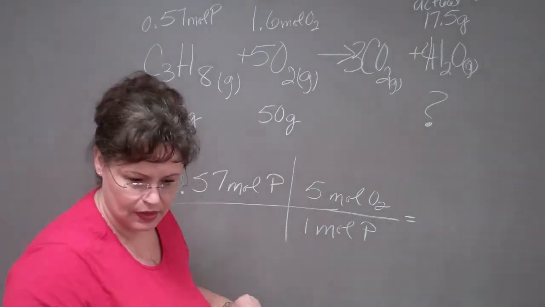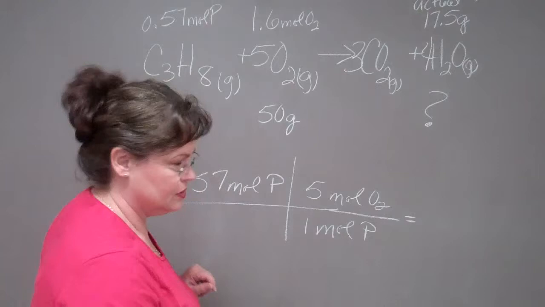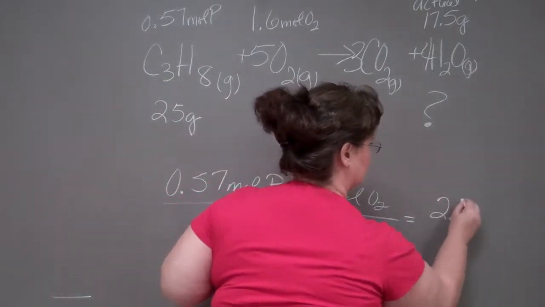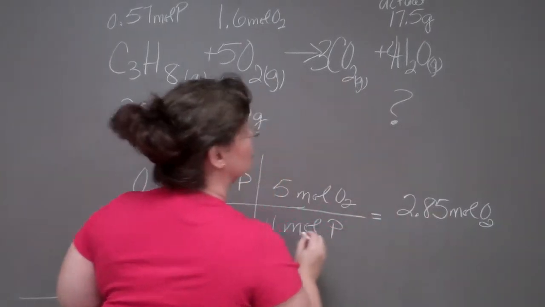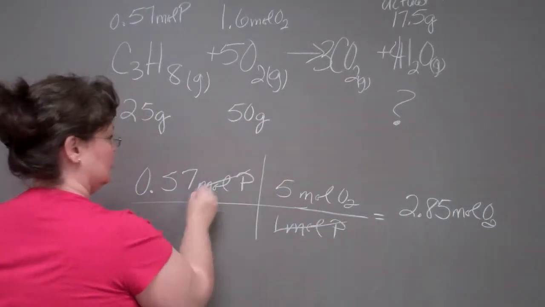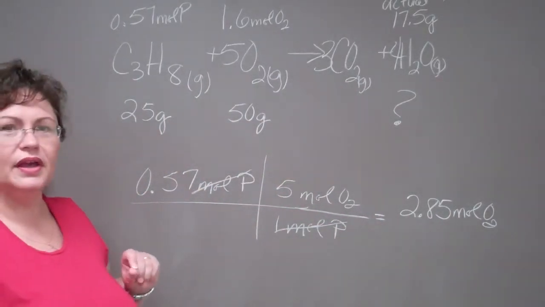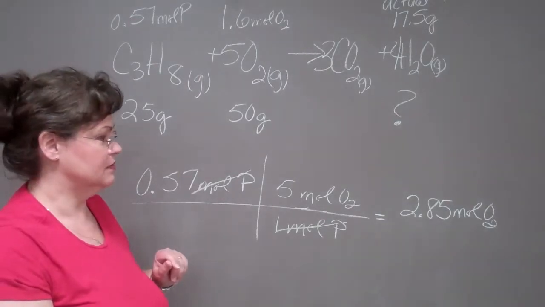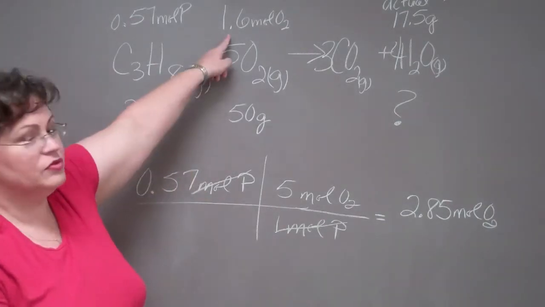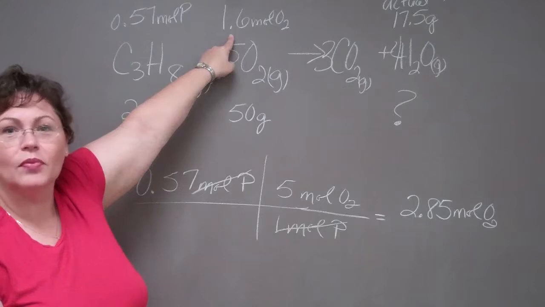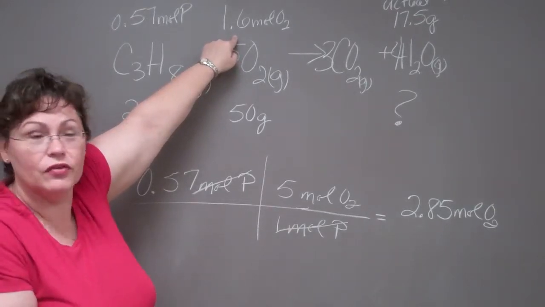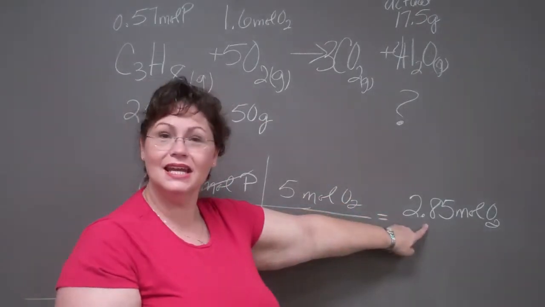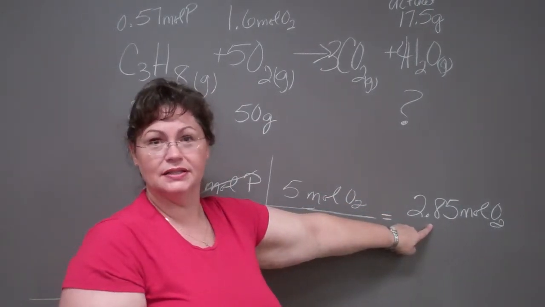This requires 2.85 moles of oxygen. How many moles do we have? We have a lesser amount here, which is what we have in the reaction, than what is needed to react with all of that propane.